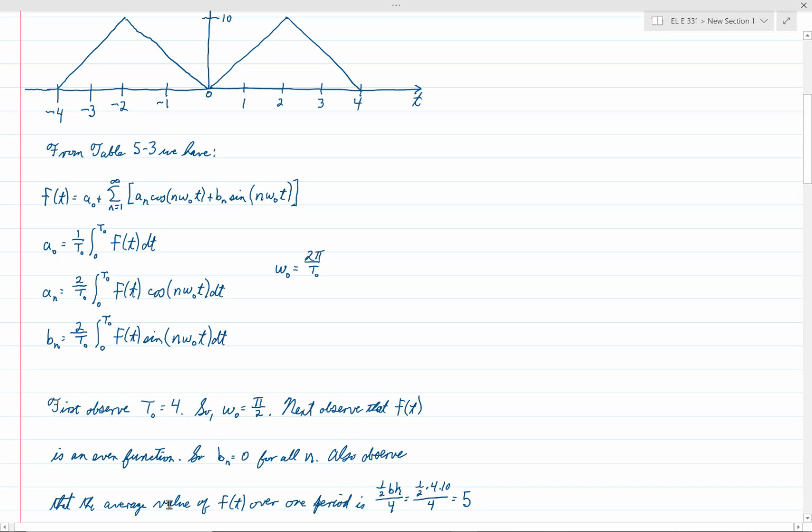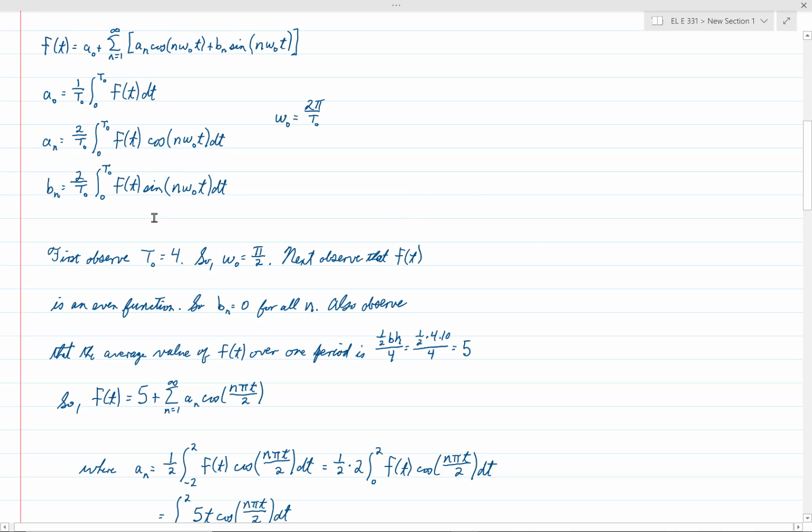The area of a triangle is 1/2 base times height. The base is 4, the height is 10, and t0 was 4, so we have 1/2 times 4 times 10, or 20 over 4, which is 5. So a0, the average value of this function, is 5. Okay?